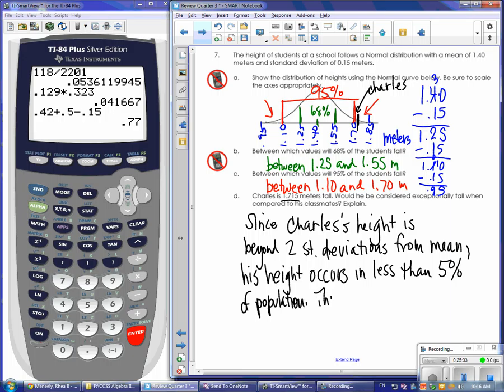This makes him exceptional. Okay, because if it happens less than 5% of the time, we say it's very unusual or it's exceptional, and his height is.